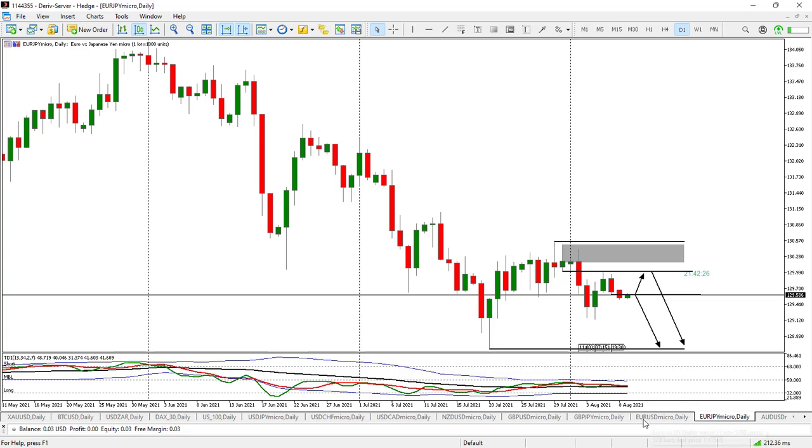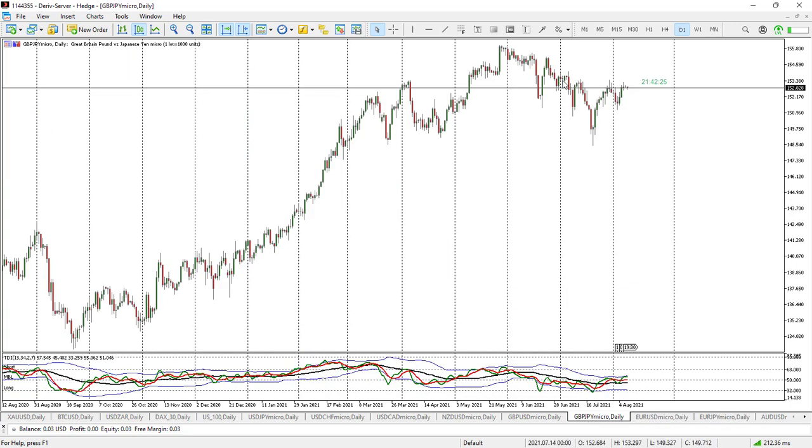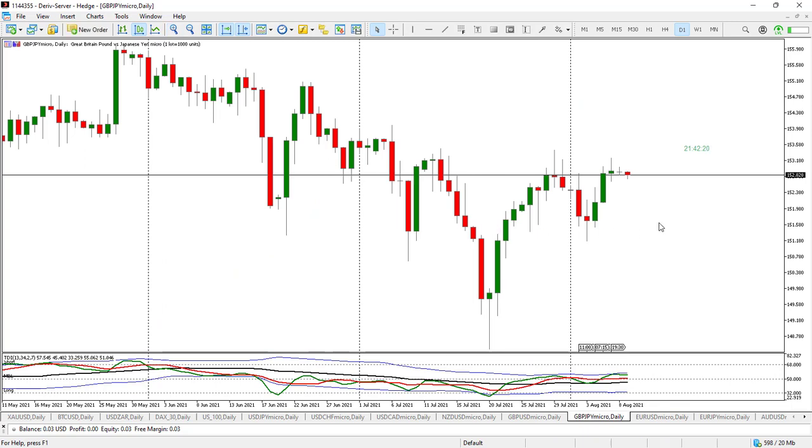And then GBP/JPY, I'll also advise you to look for sells. We have 1 2 3. This was tested but not close below, and then the market is ranging within this high.